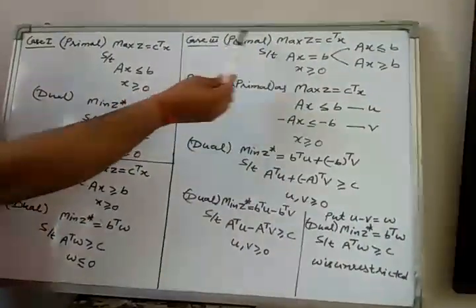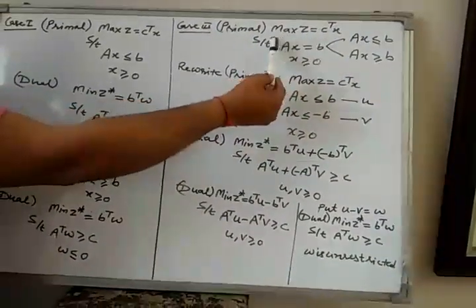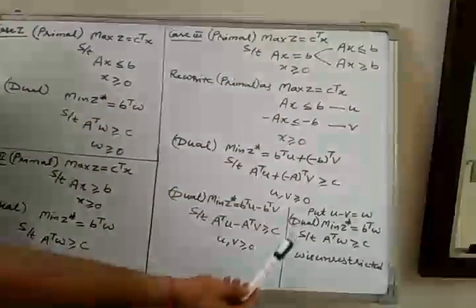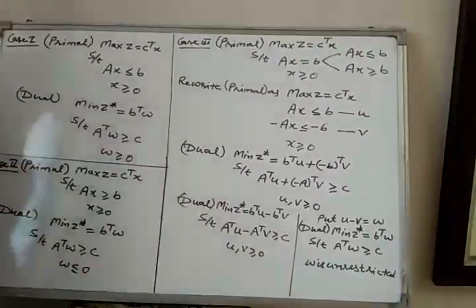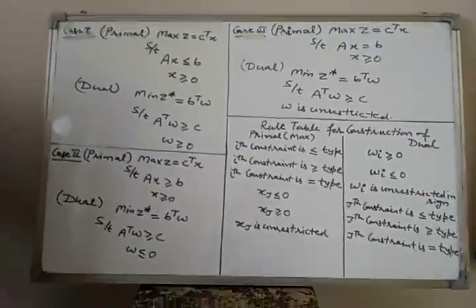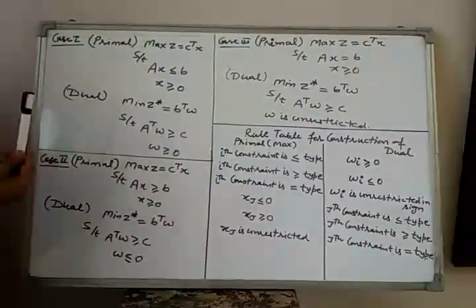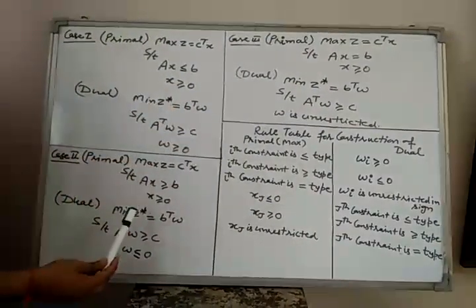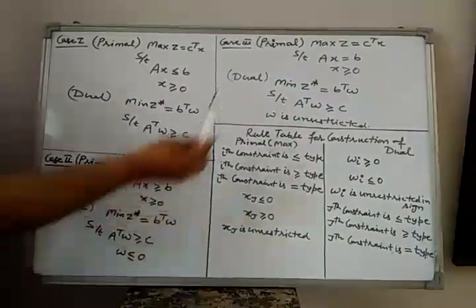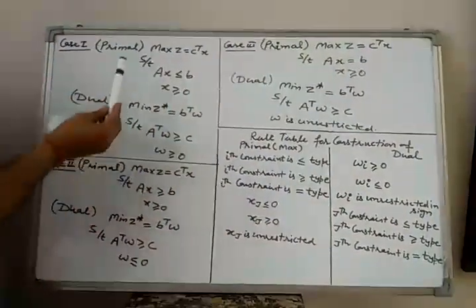That means if all the constraints are of equality type, then the corresponding dual variable is always unrestricted. We have discussed all three cases of how to make the dual: if inequalities are less than or equal to type, if inequalities are greater than or equal to type, and if constraints are of equality type.